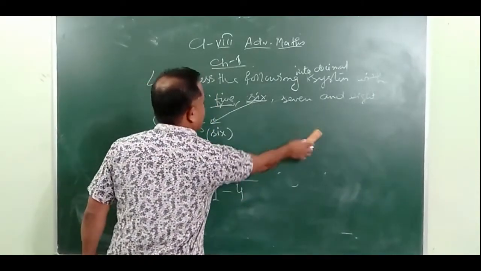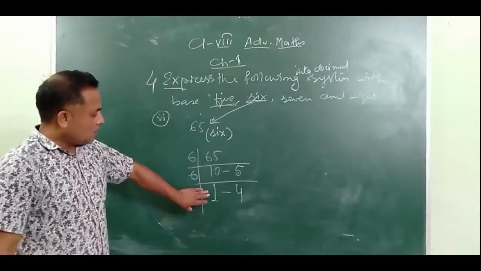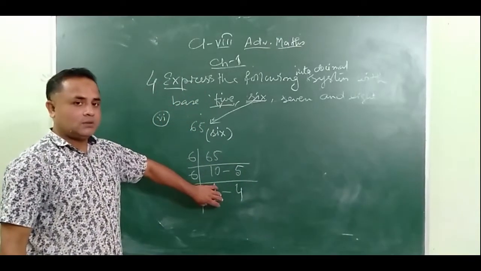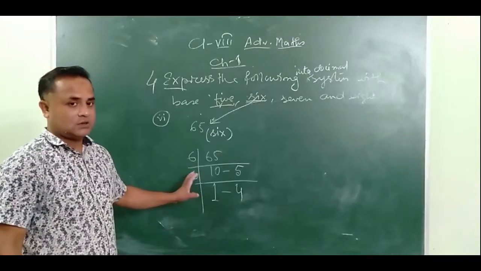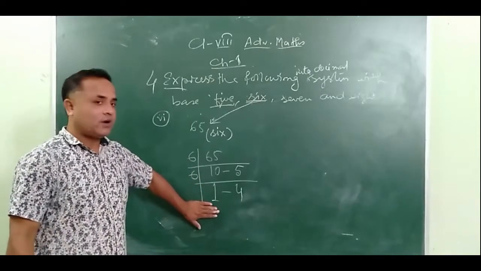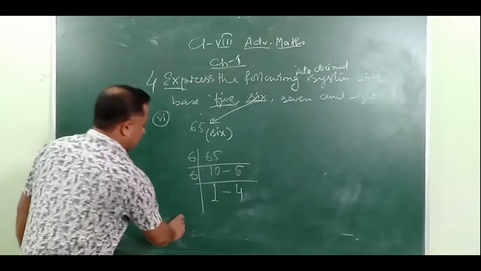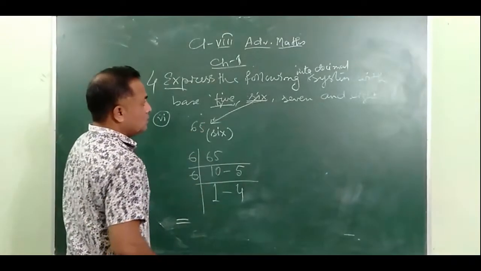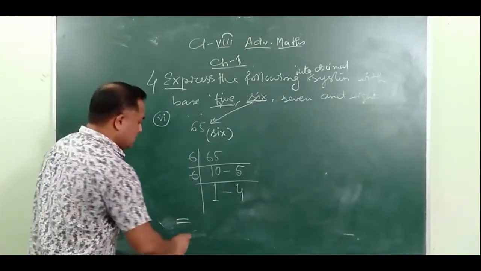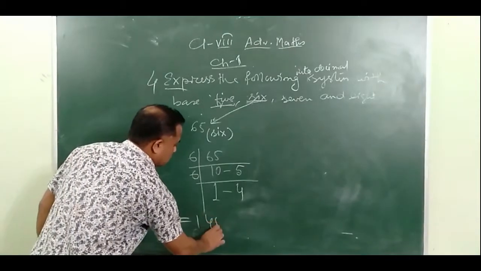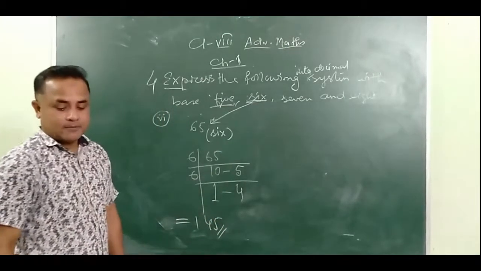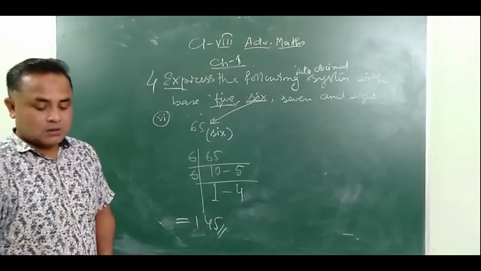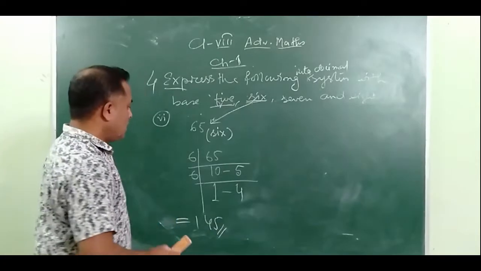Now again you see that the dividend is smaller than the divisor, so we will stop the further division and we can write the answer in the changed system as 1, 4, 5. 1, 4, 5.